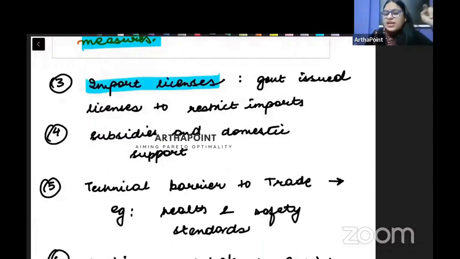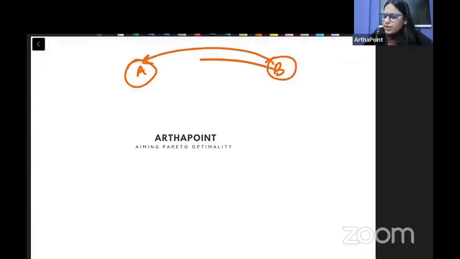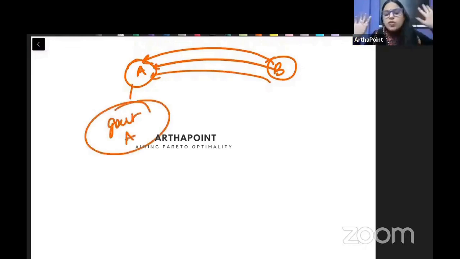Look into the third one, beta. This is import license. In this case, what is the government doing? Say there is government A and government B. There is a lot of import happening from B to A. Now government of country A is tired of it. The government says enough, too many imports are happening.